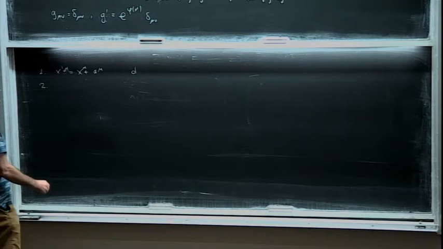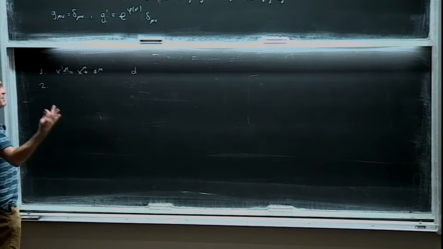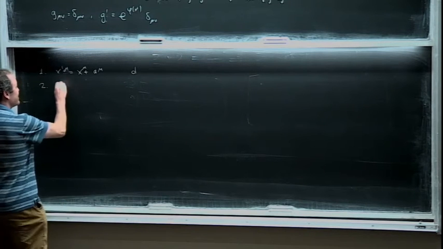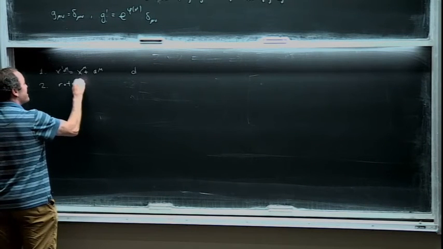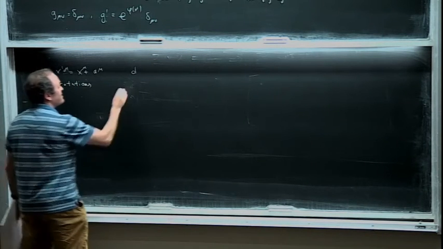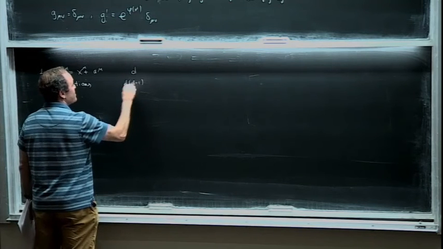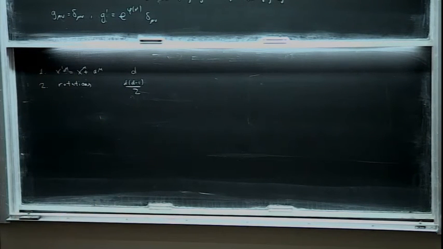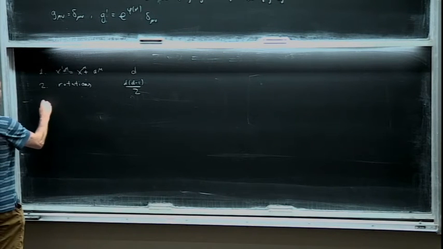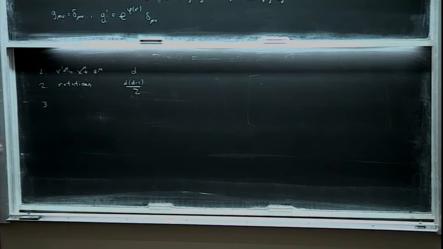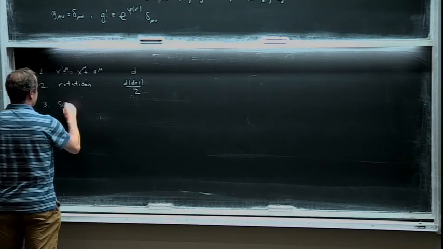I could write down the general formula of rotation, but I don't want to write it. So there are rotations. Let me just say this in words. And in d-dimensional space, there are d times (d minus 1) over 2 of those rotations. So then there are, of course, scale transformations. When you rescale every direction by the same factor, these are conformal transformations, because they don't change angles.